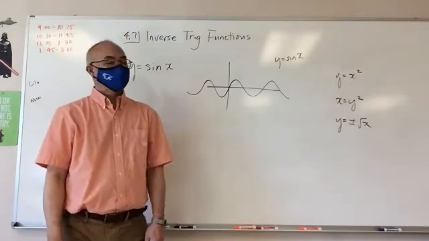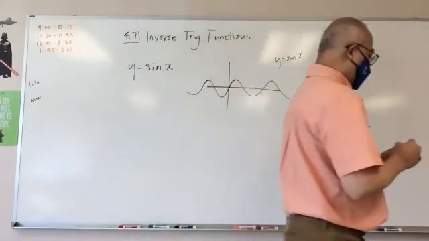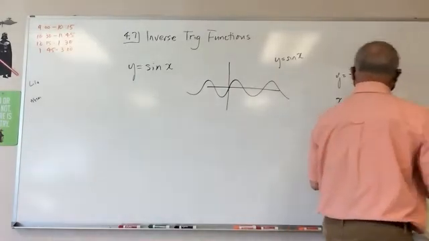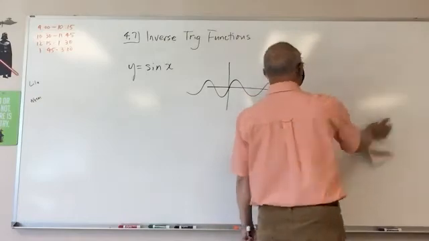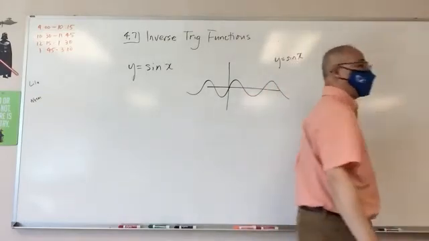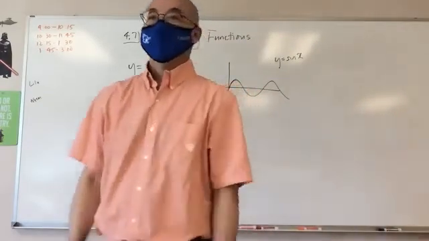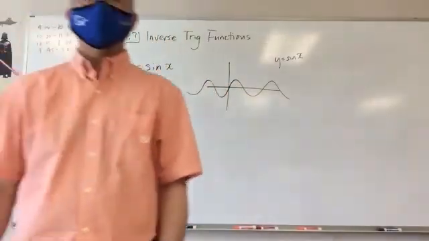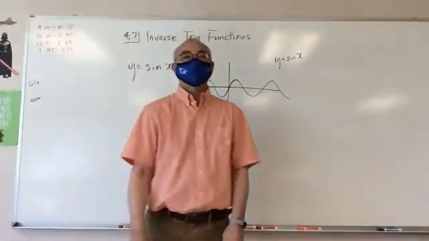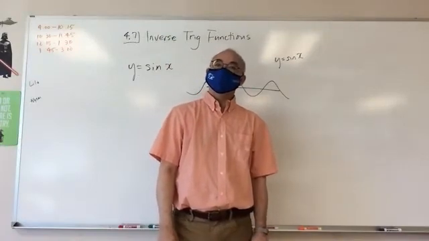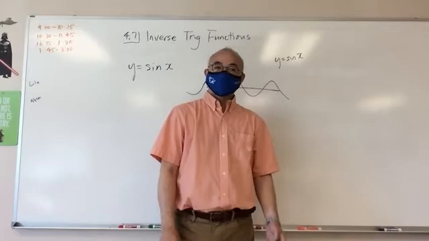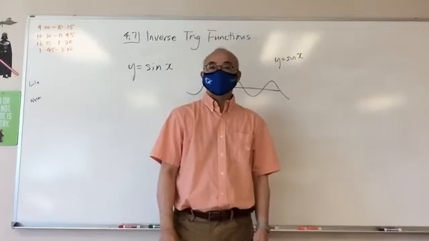Okay. One of the things we talked about during the inverse functions is that in order to have an inverse function, the function had to be a one-to-one function. You remember talking about one-to-one functions? It's a function that passes not only the vertical line test, but also the horizontal line test, right?